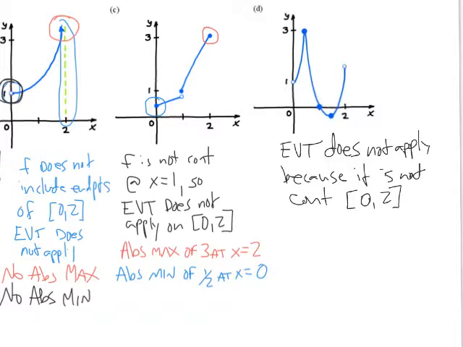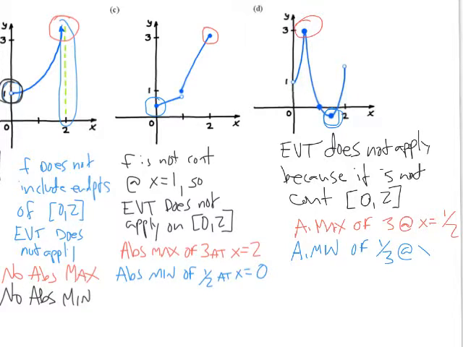But we might still be able to find an absolute max, and we do. We have an absolute max of 3, and that occurs at x equals about 1/2. And then we also have an absolute min of about 1/3, 1/4 at x equals 3/2.